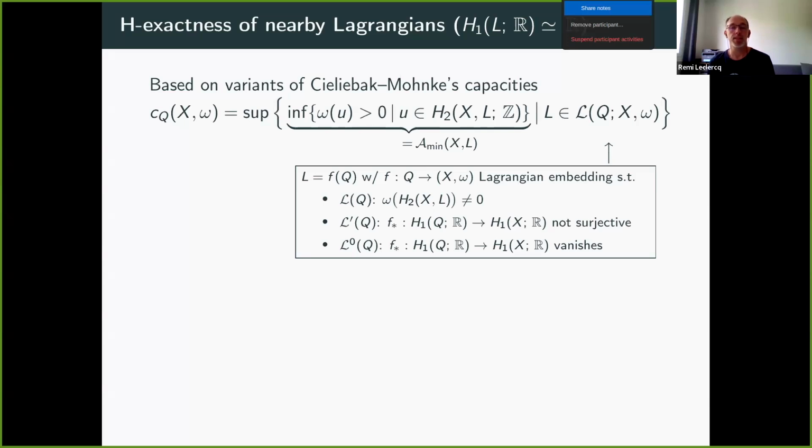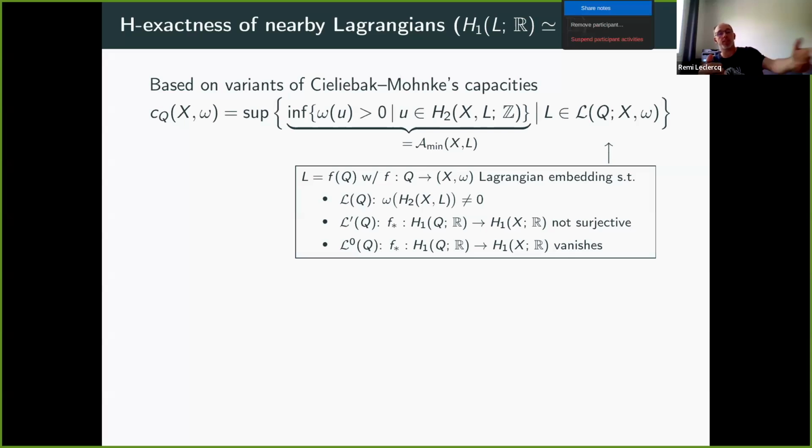So what is this? Actually, we have three such capacities because we have three such families of Lagrangians. This is not going to be important in anything which follows, but I just want to explain roughly, right? So that L is going to be a Lagrangian in X omega, in your symplectic manifold, which is of the same diffeomorphism type as Q, right?